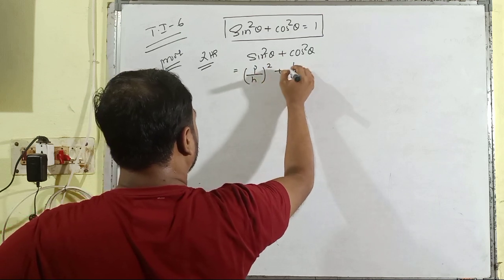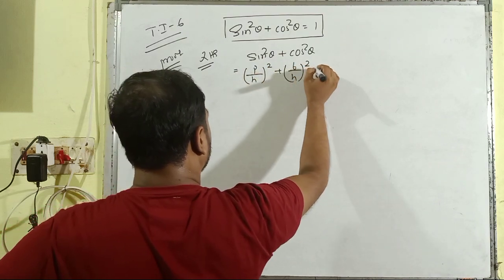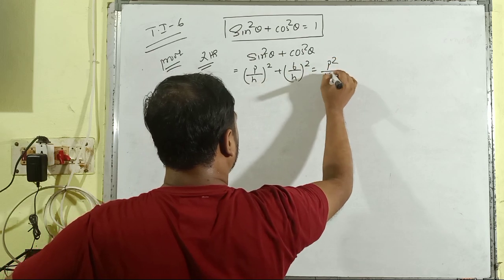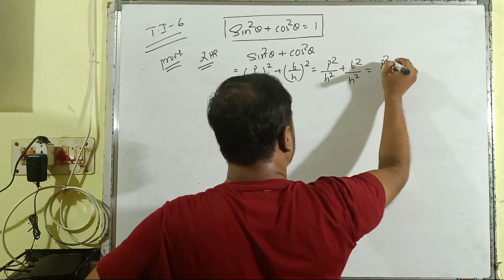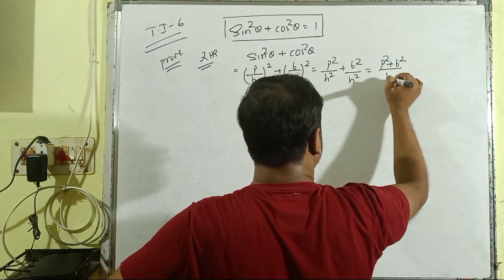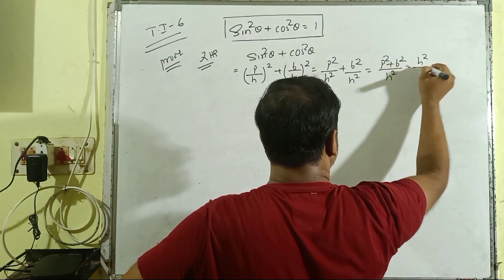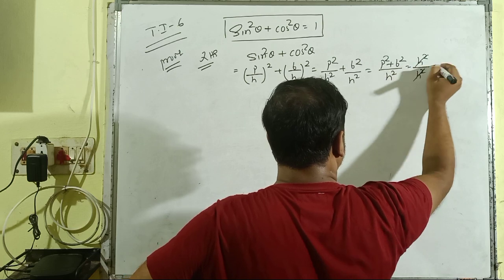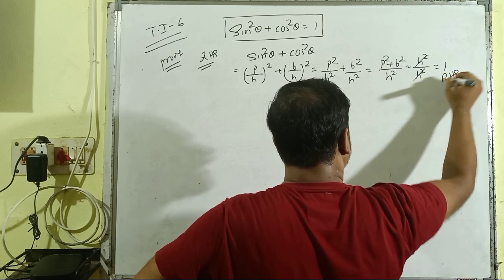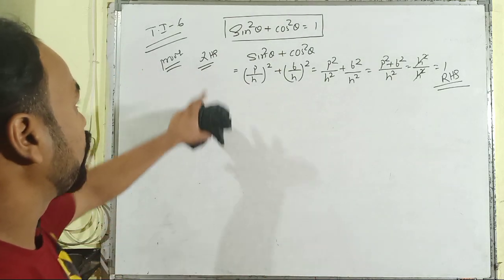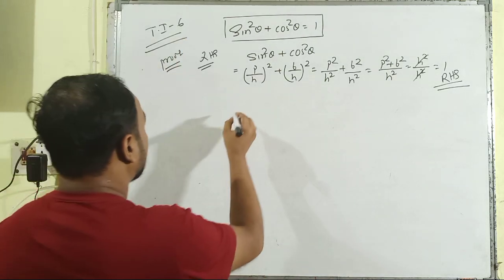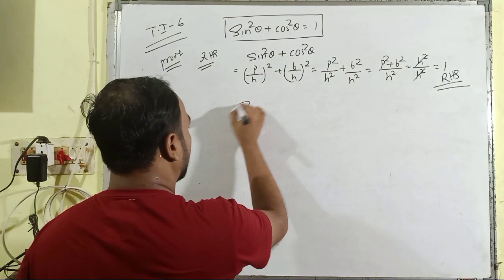The value of cos theta is b upon h. Then it is p square divided by h square plus b square divided by h square. It is p square plus b square divided by h square. It is h square divided by h square, and it is 1, and this is the right hand side. So we have proved trigonometric identity number 6.